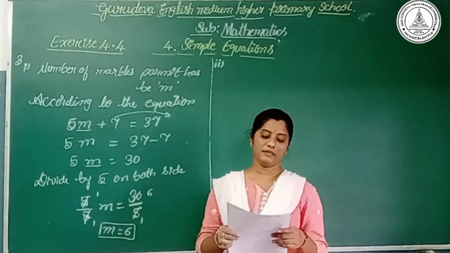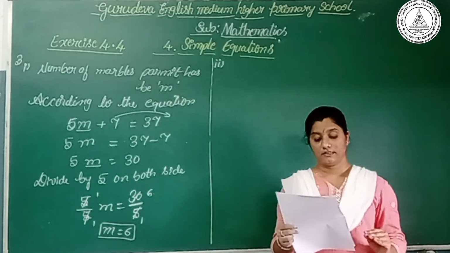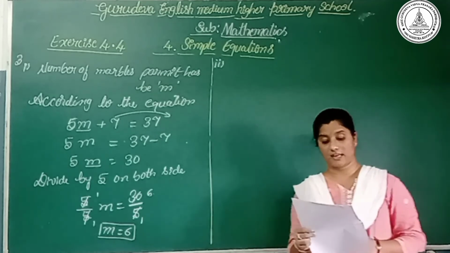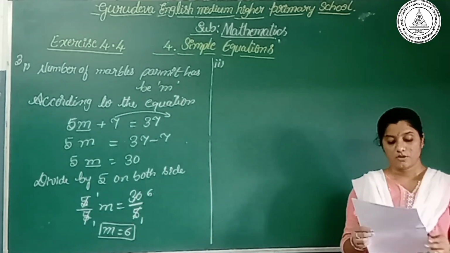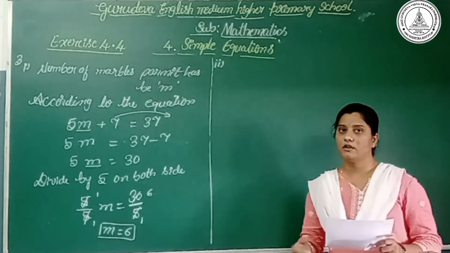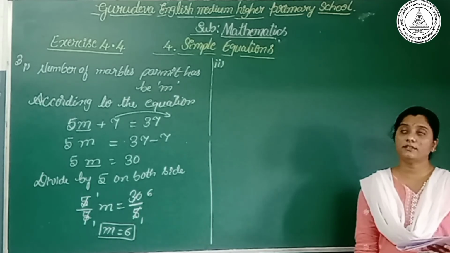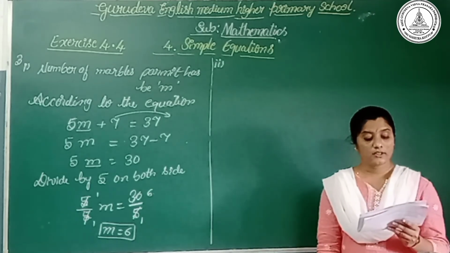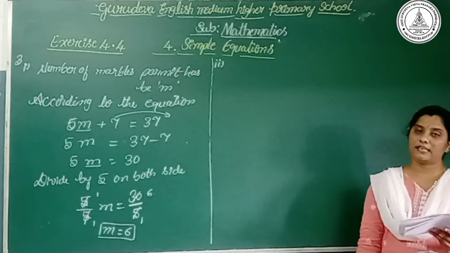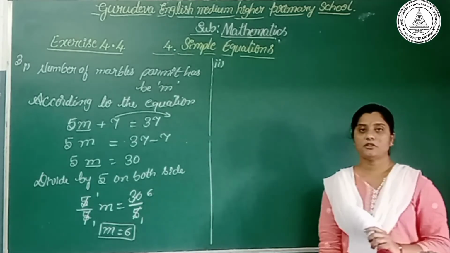So here Lakshmi's father is 49 years old. He is 4 years older than 3 times Lakshmi's age. What is Lakshmi's age? So here Lakshmi's age, we can take it as y. Okay, so here Lakshmi's age is y years and her father's age is 4 years more than, meaning older than, meaning it is more than, 3 times Lakshmi's age. So first we have to write down the age of Lakshmi.